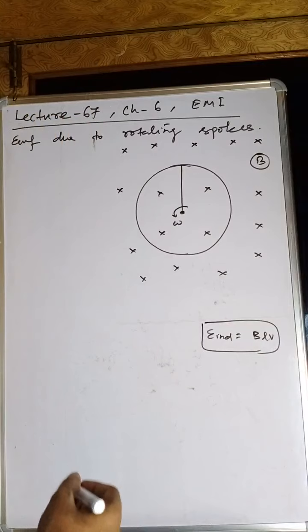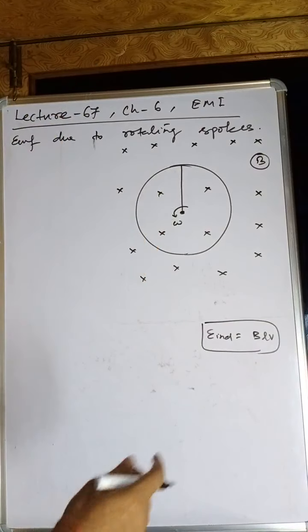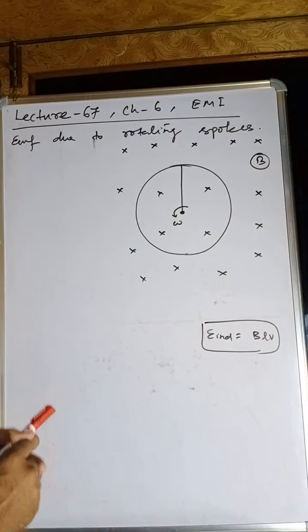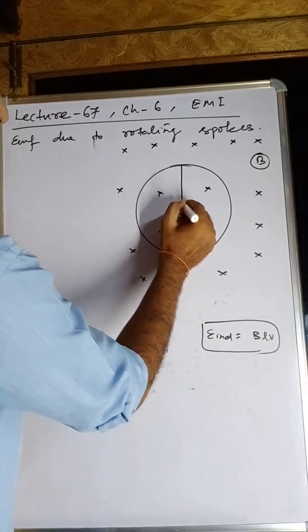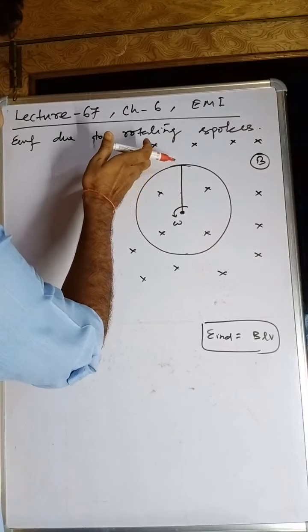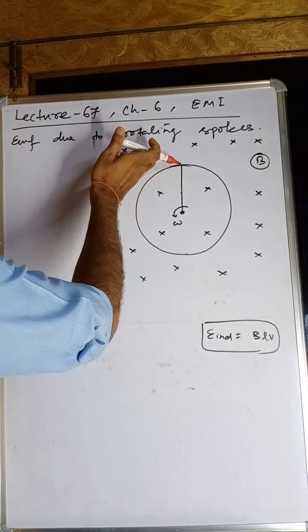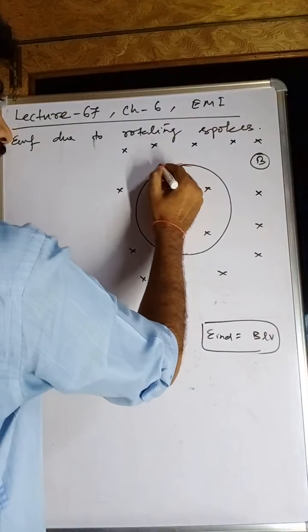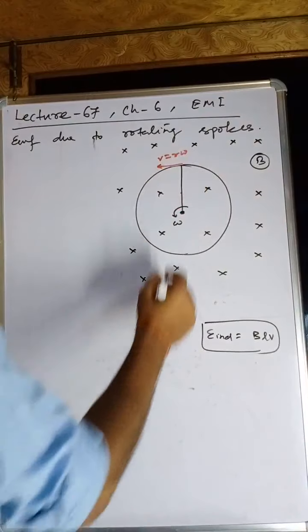BLV. Here, this entire spoke is in motion, but we know that each element of the spoke will have a different velocity. Actually, the point at the edge of the spoke is moving with V equals R omega. Here R is the length of the spoke.